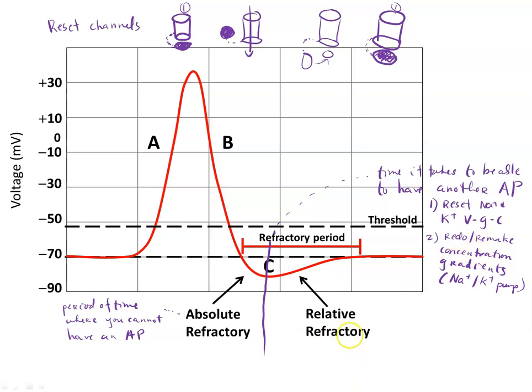Now, in the relative refractory period, look at what has happened. A little bit of time has gone by, right? What's happening to my charge? I'm starting to do what? Come back to resting, right? Now, in the relative refractory period, I can have an action potential.